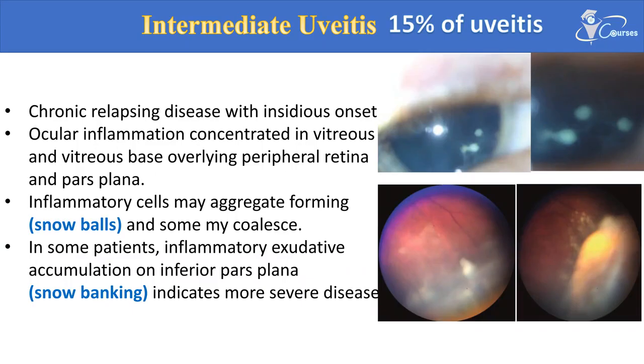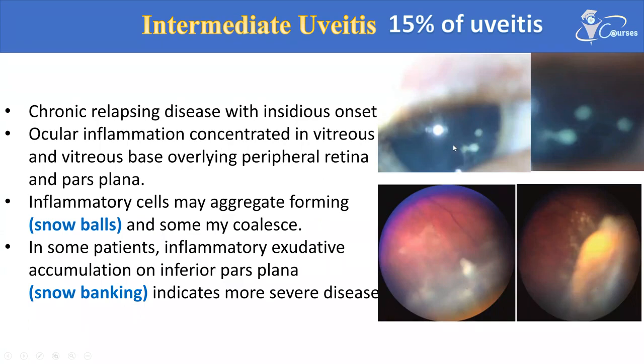So what will be the pattern of the inflammation? The inflammation takes two characteristic patterns. First, there can be floaters, or it can take the form of snowballs or snow banking. These are snowballs. They are inflammatory cells which aggregate, leading to the formation of these snowballs.